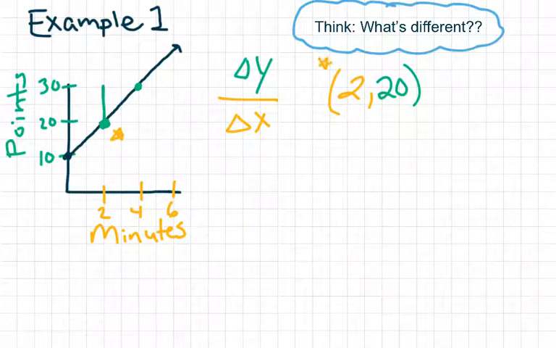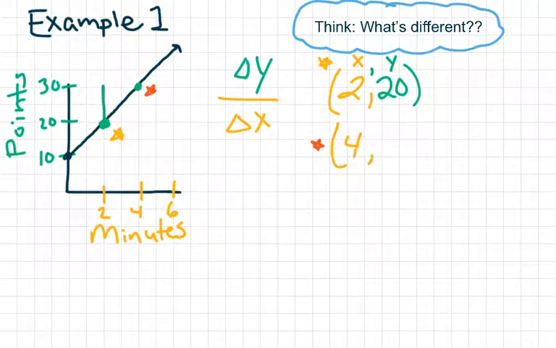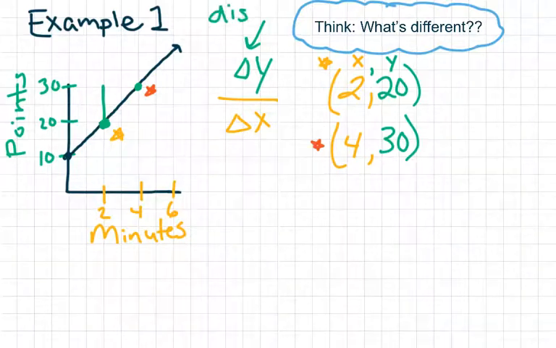That's my first point. Remember our x values and our y values. And then our second point, we'll make this one a red star. Our second point was (4, 30). So what I have to do first is find the change in y, so the distance that it's moving between the two y points.